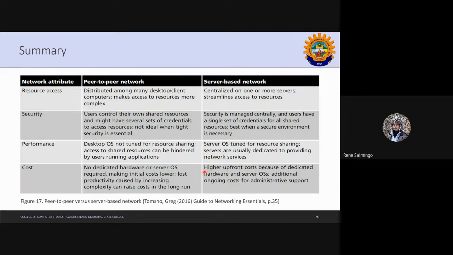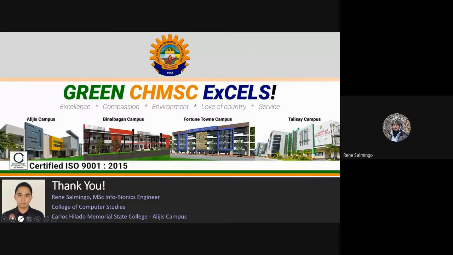But for server-based, it's a higher upfront cost because you have dedicated hardware and server OS and additional ongoing costs for administrative support. So this is how mostly we use server-based networks, to have security and at the same time provide shared resources evenly to the clients.